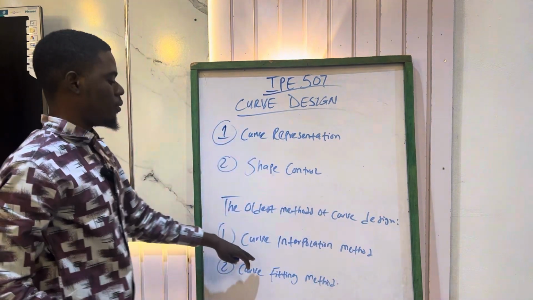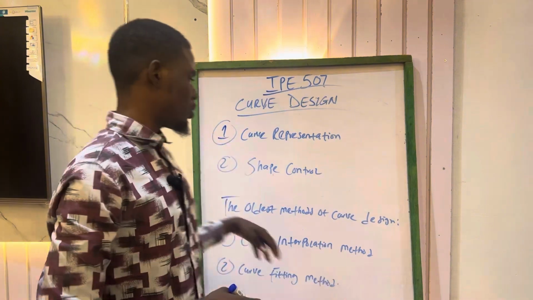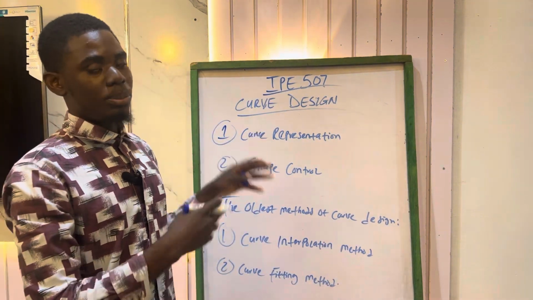When you're talking about the curve interpolation method, it means that we are employing an interpolation approach towards getting the polynomial equation to represent the curve.